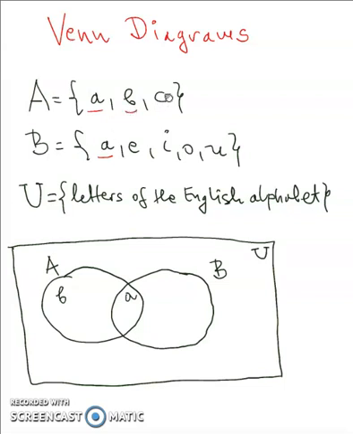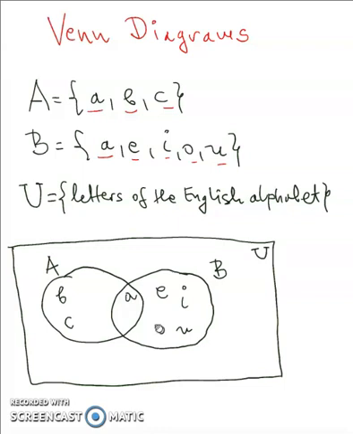And the same applies for element C, because C is only in A but not in B. Now the rest of the elements belong only to B, because we already exhausted all elements from A, so those elements have to be in this region, because this is the region within B but not in A. So we'll put the rest of them, E, I, O, U. You make sure that you exhaust all the elements, you don't forget anything.